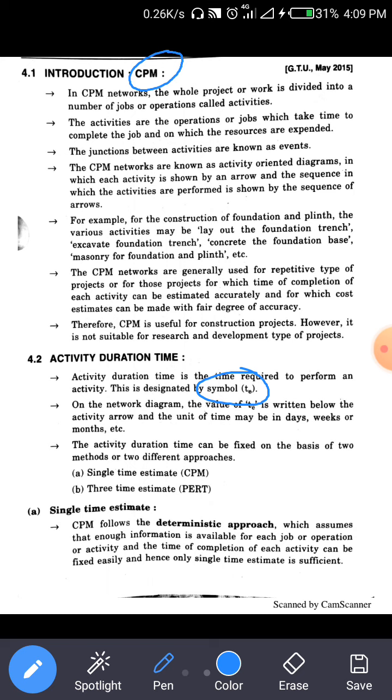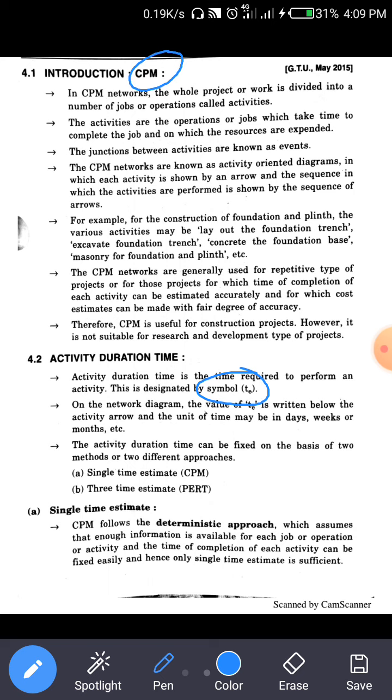So what is a single time estimate? A single time estimate is generally used in a CPM network only, and it is denoted by T, and the single time given is TE only.